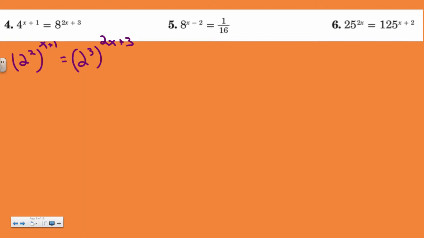Now I can solve and then solve the equation. For 5, it's the same thing. This is going to be 2 to the third. The 16 is going to be 2 to the fourth.